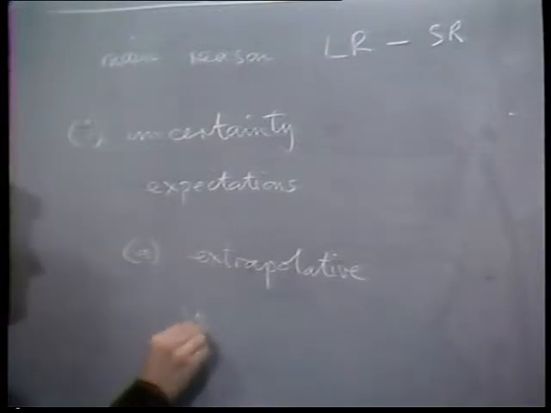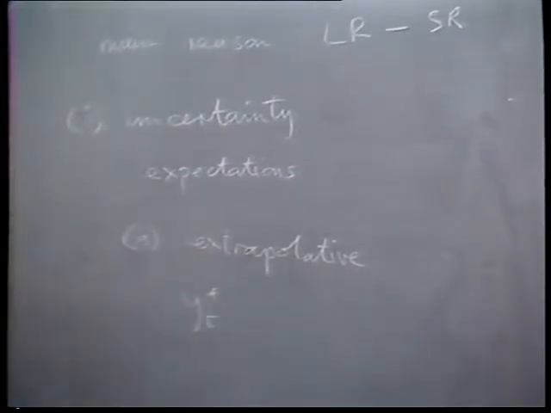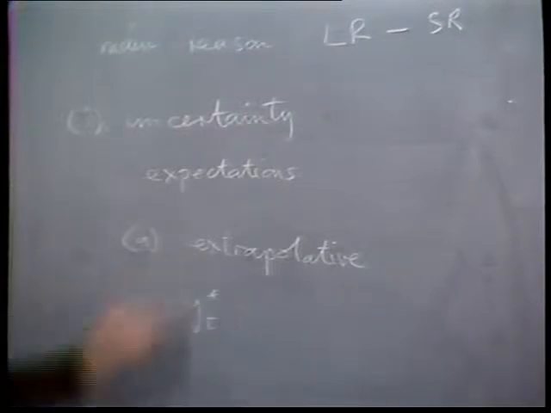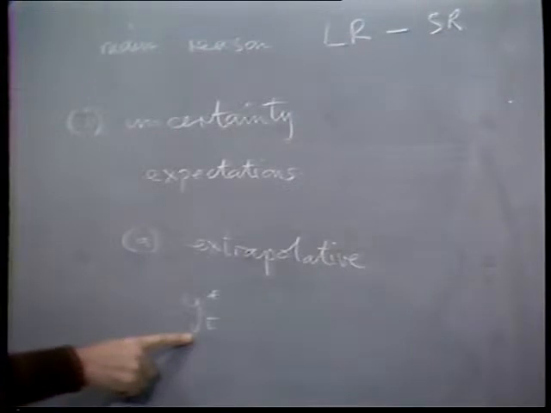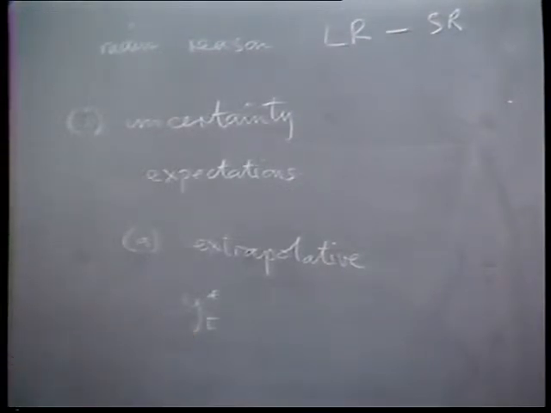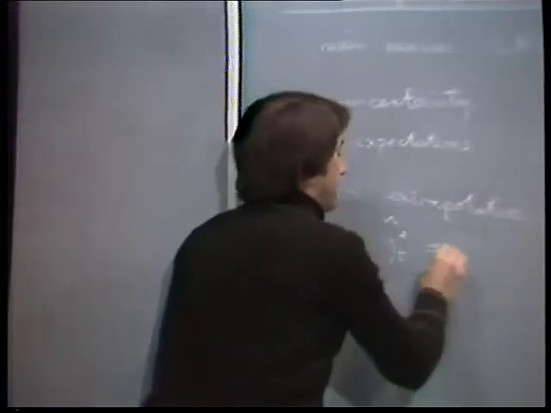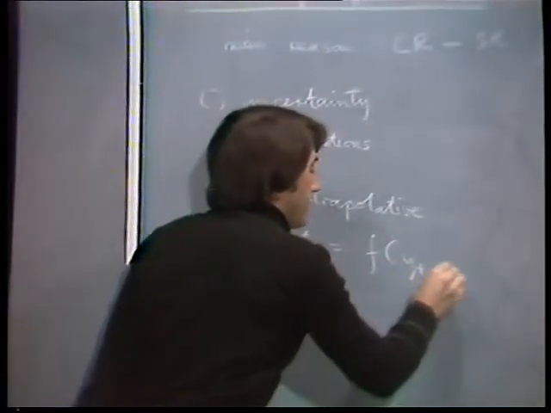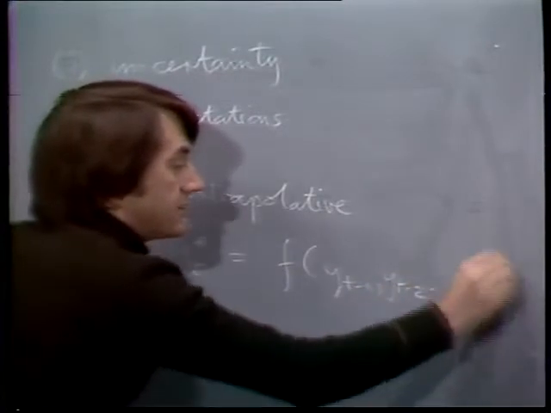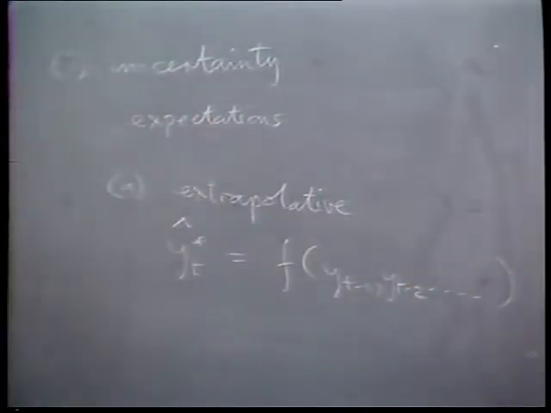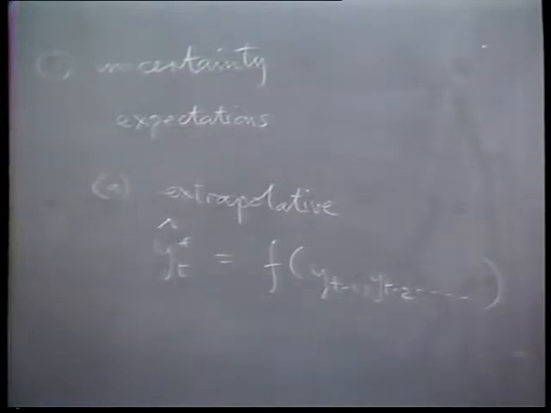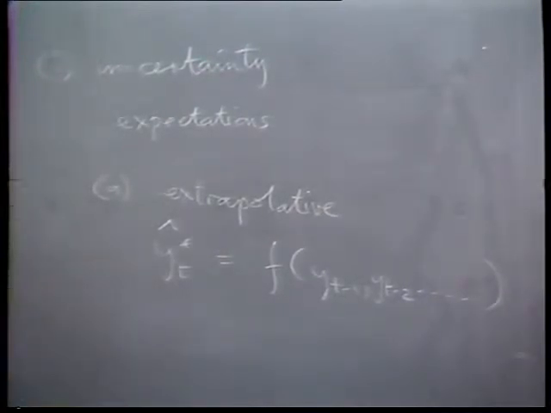If you need to know the expectation of the variable y at some time period t, then via the extrapolative method, you'll be forming that expectation simply using information on the past values of y_t. So you'll get your expectation of that as a function of y_{t-1}, y_{t-2}, and so on. And a univariate ARMA model would be an example of an extrapolative generation of an expectation.